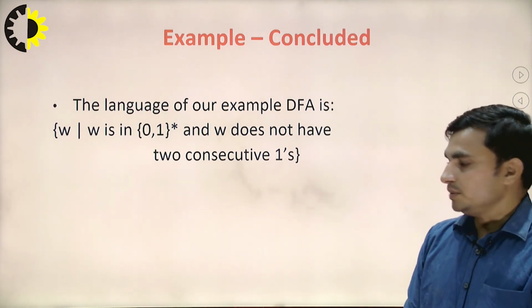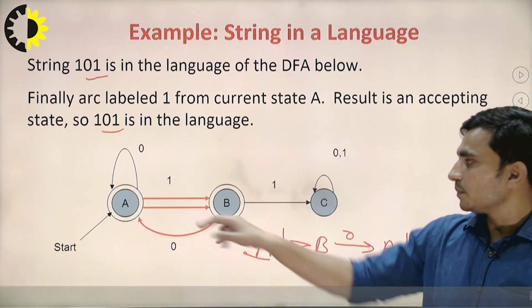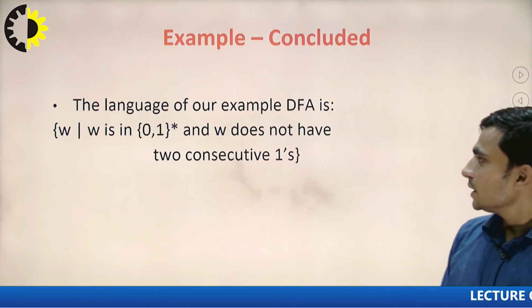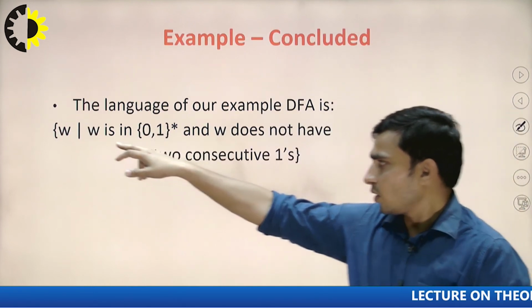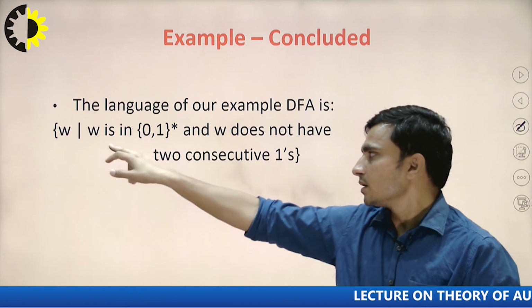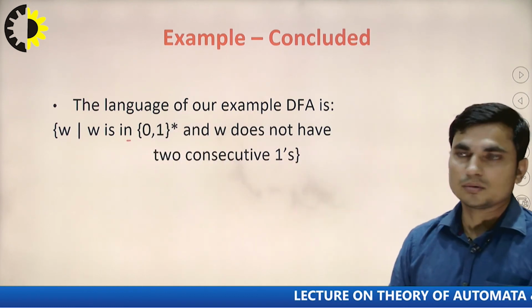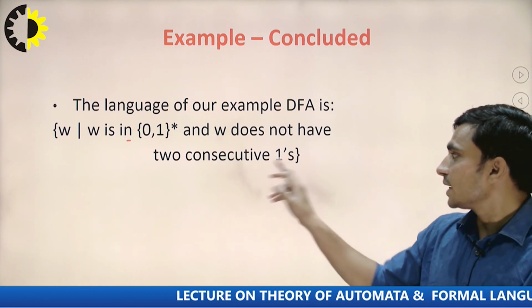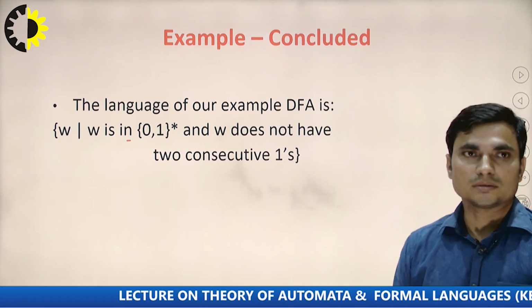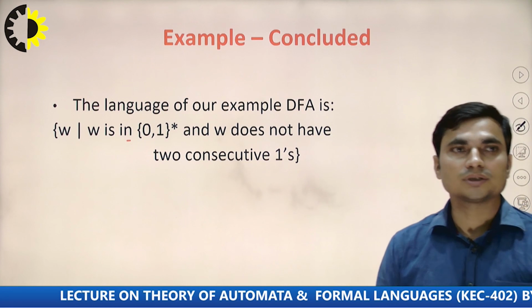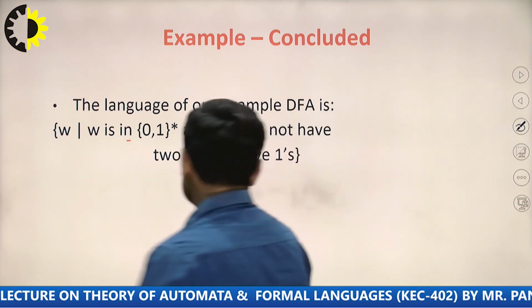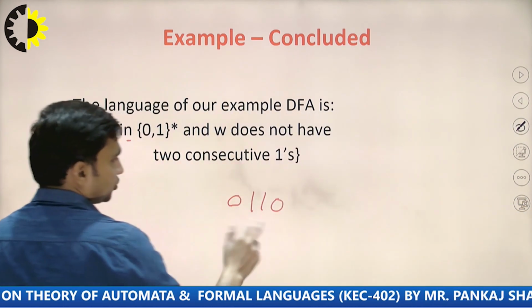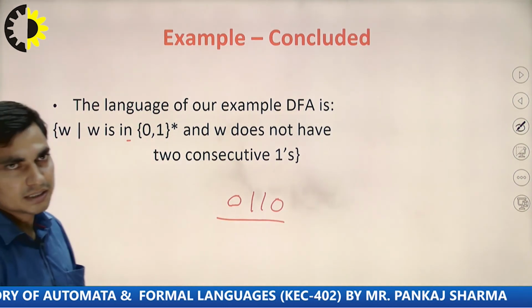For this example we can conclude that it will accept all the strings W such that W is in {0,1}*, as we have seen the meaning of this {0,1}*, and W does not have two consecutive ones. So if we have strings like 0110, this automaton will not accept that string.